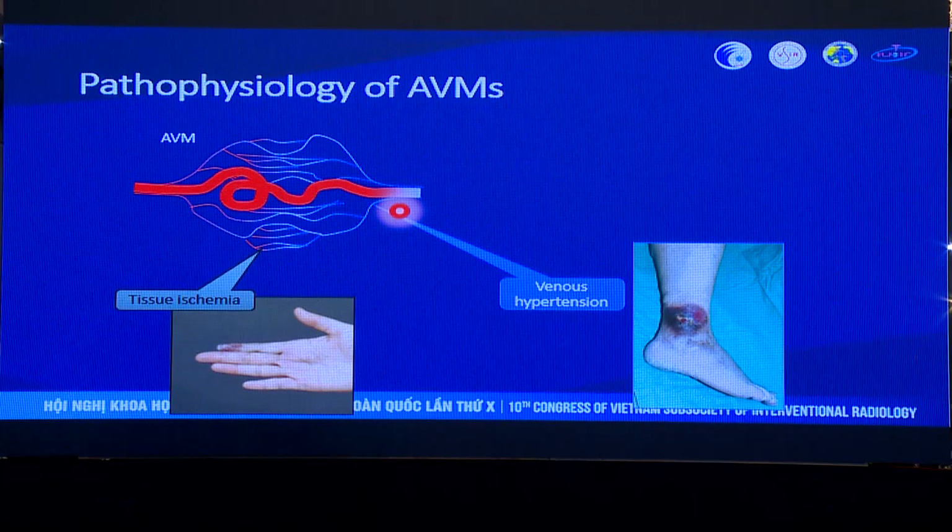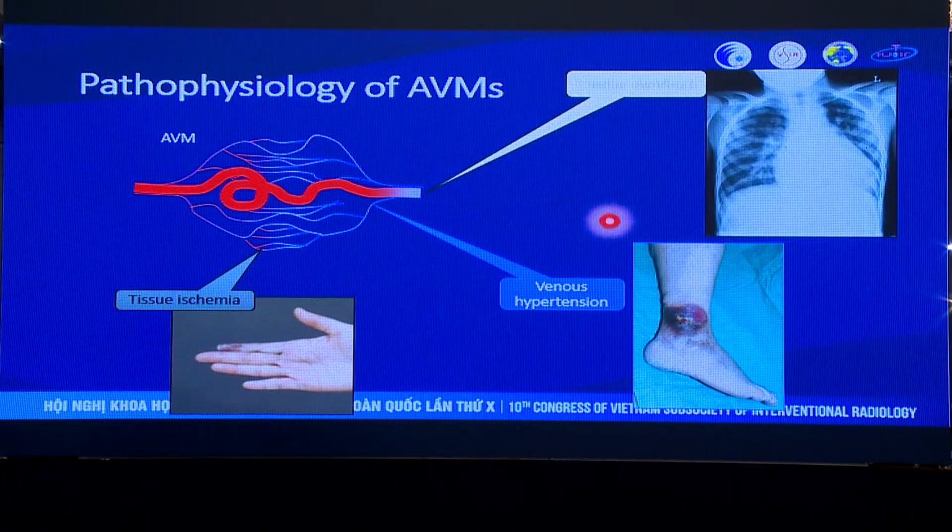So normal venous drainage can be affected, and venous ulcer or swelling and pain can occur. And finally, cardiac overload can be the most dangerous problem in AVM.